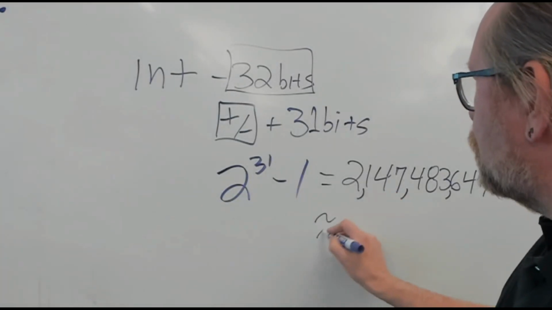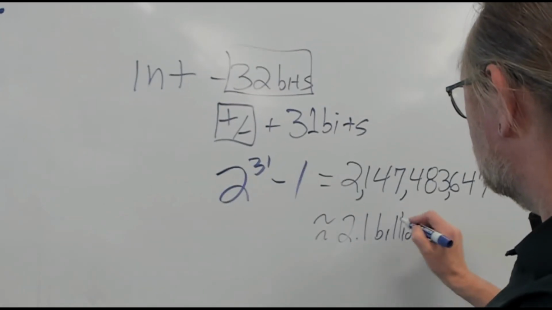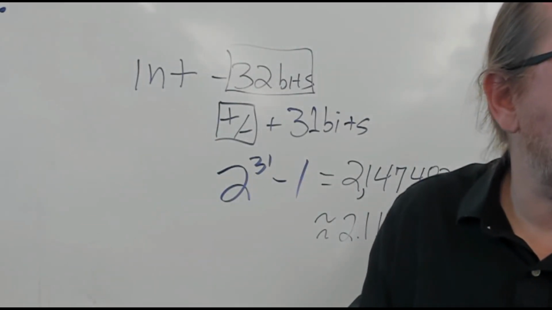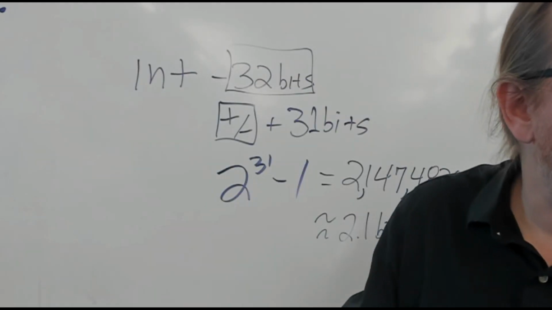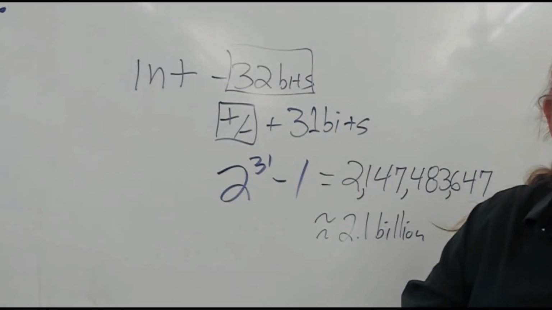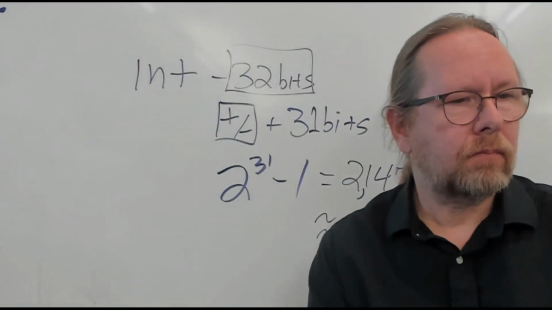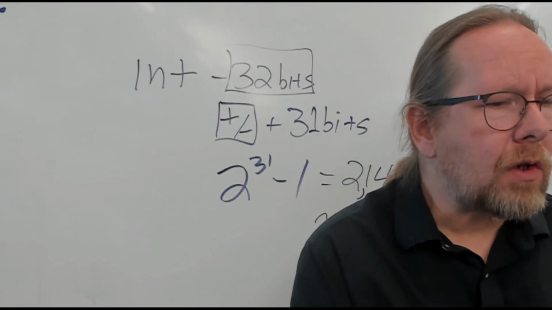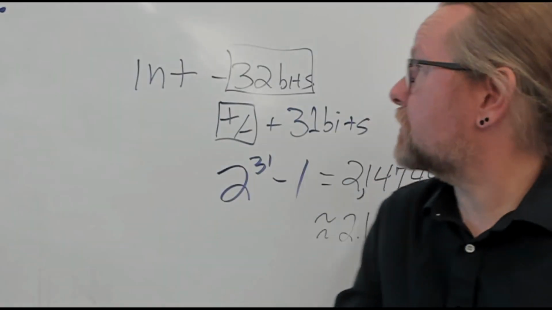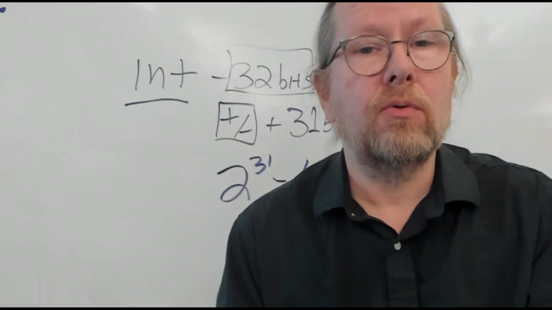So that's about 2.1 billion. Now I'm going to check my notes and make sure that number is right: 2,147,483,647. Okay? So when using ints in Java, that's the biggest number you can use.